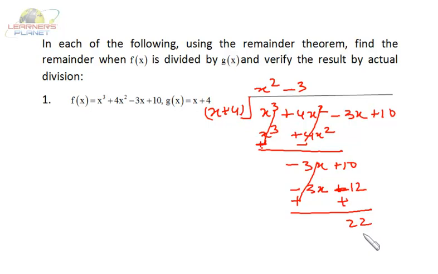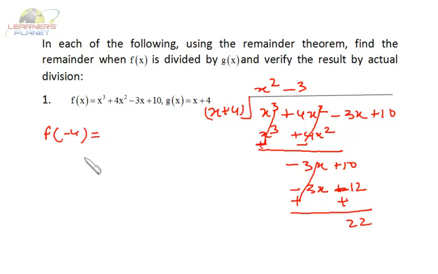Now let's verify it by remainder theorem. That means if I divide this expression by x plus 4, I am getting the remainder as 22. That means if I put x is equal to minus 4, I should get the remainder as 22.